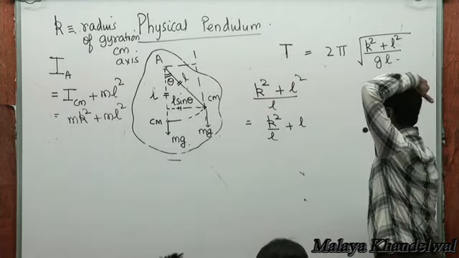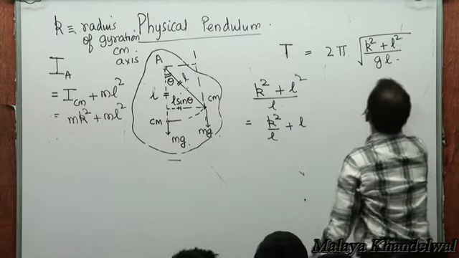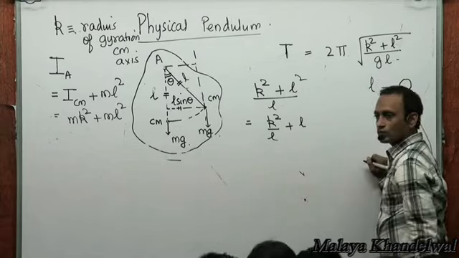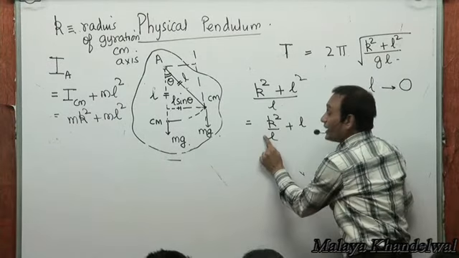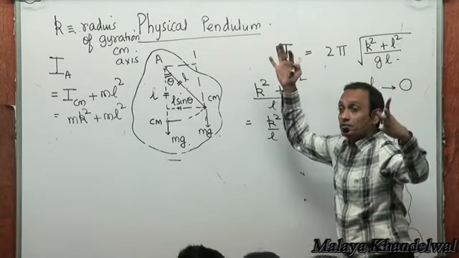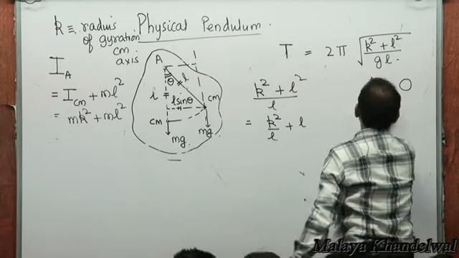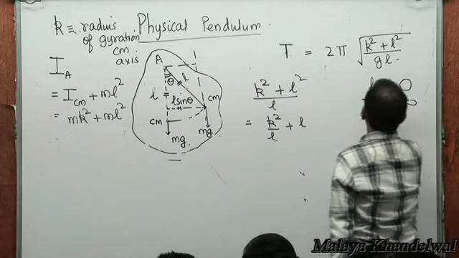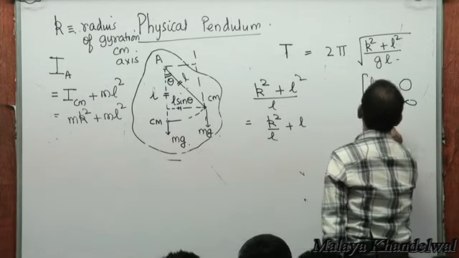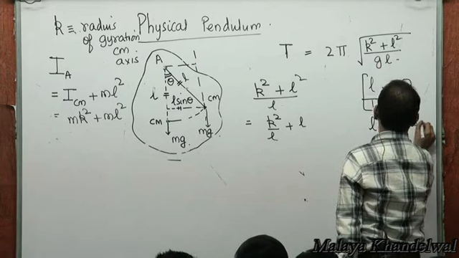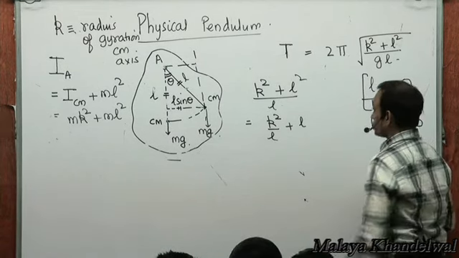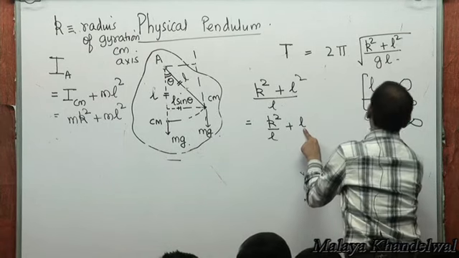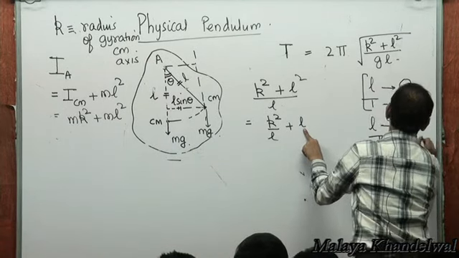Now, one thing for sure, as L becomes smaller and smaller, K squared by L becomes larger and larger, and therefore time period tends to infinity. If L becomes larger and larger, then this will become smaller but this will become larger and larger. So again, time period tends to infinity.